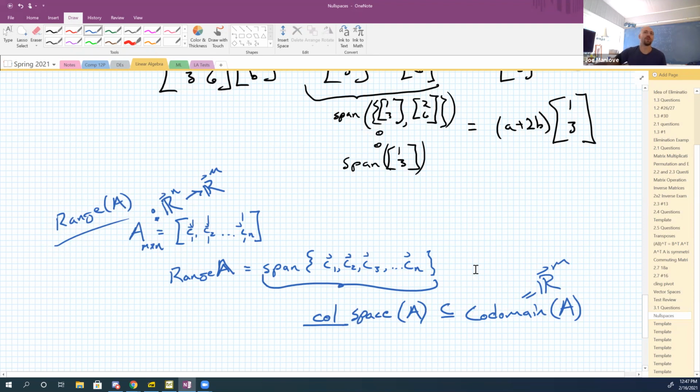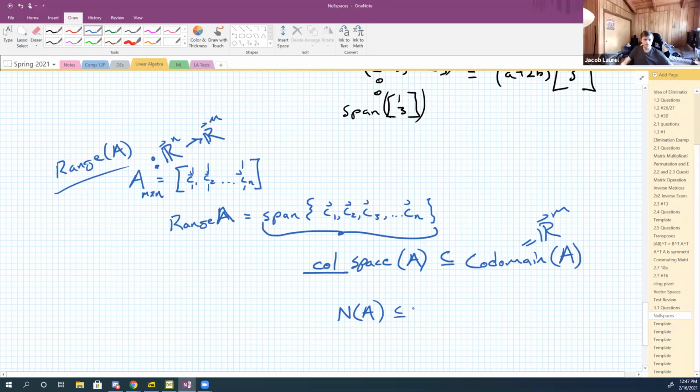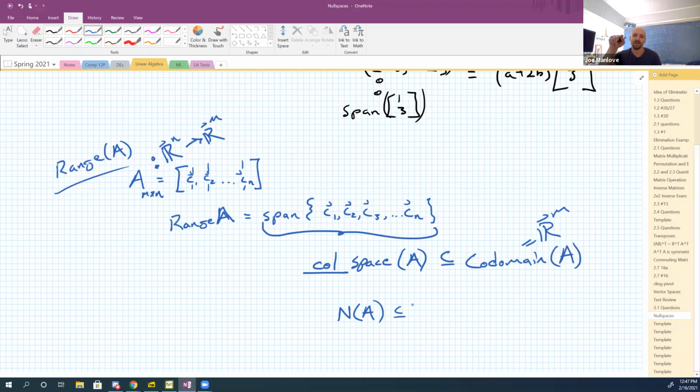And then just quick reminder, where did the null space live? So what's the null space? It's the set of things that get mapped to 0. So it's in the domain.